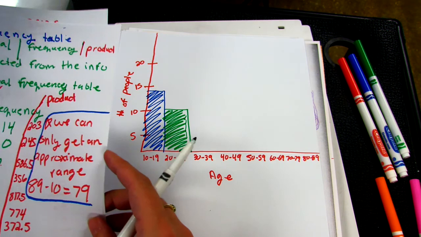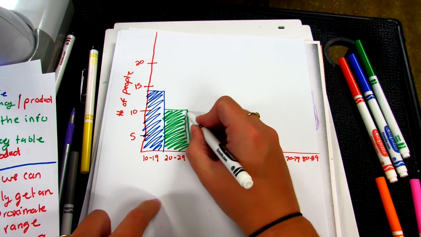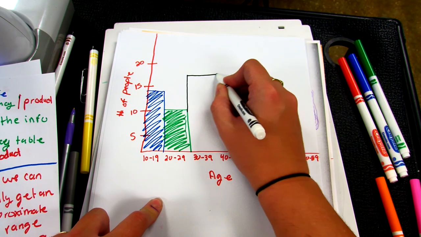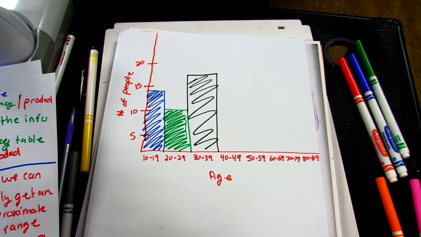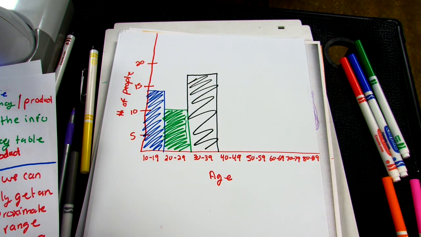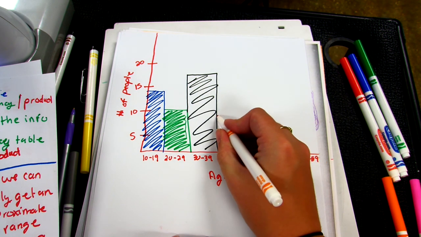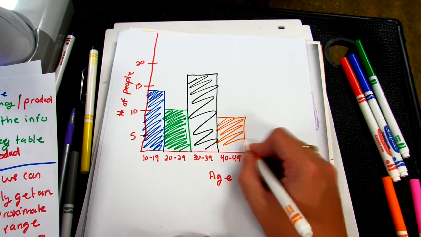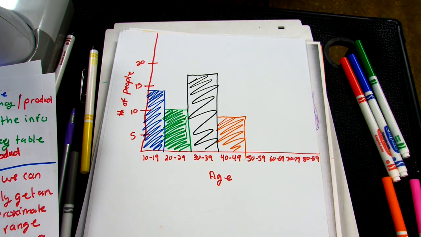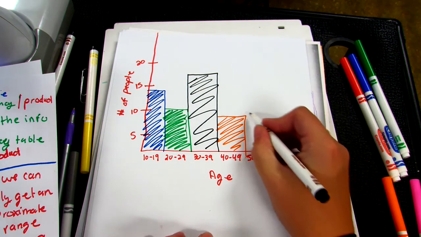30 to 39 have 17 people. And then 40 to 49 had 8 people. And 50 to 59 had 15 people.